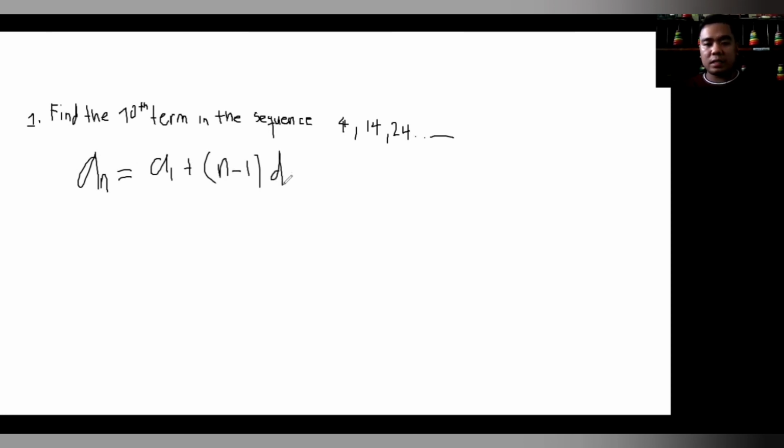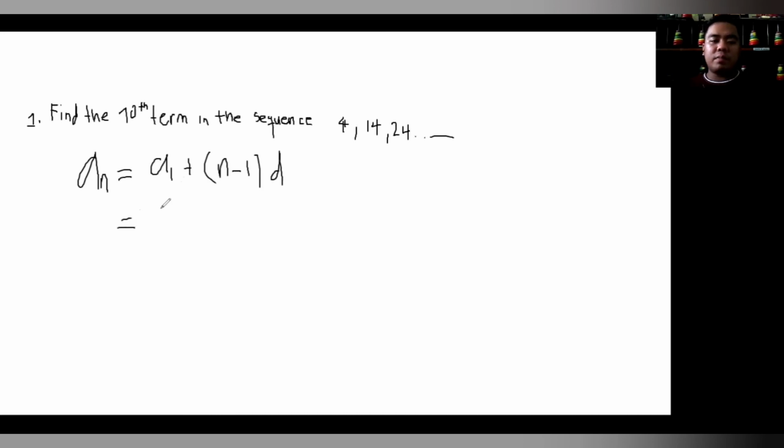Always remember that. This is the formula used in finding the terms of an arithmetic sequence.